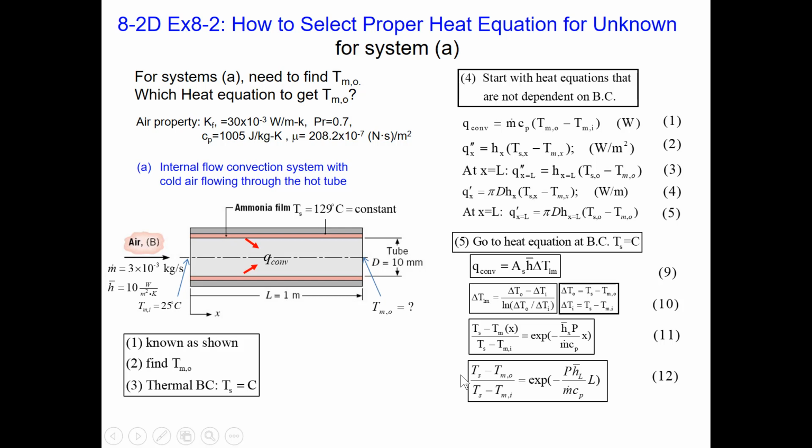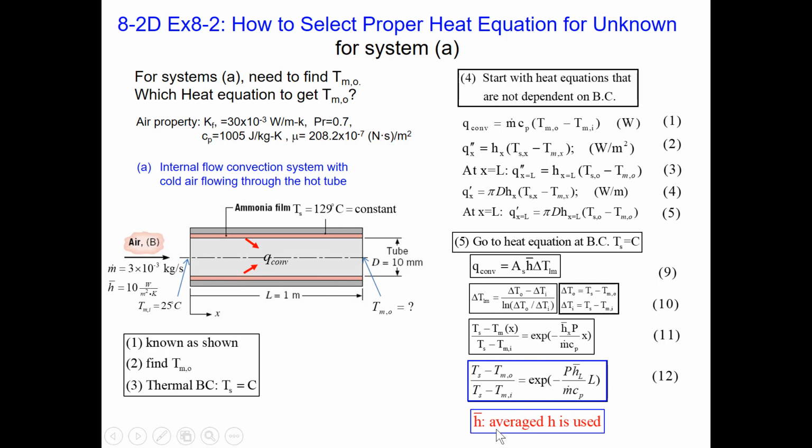We know Ts, Tm,i, parameter P. Since we know the diameter, which is pi d, we know the heat transfer coefficient, mass flow rate, specific heat, and location L. This is the equation we selected.